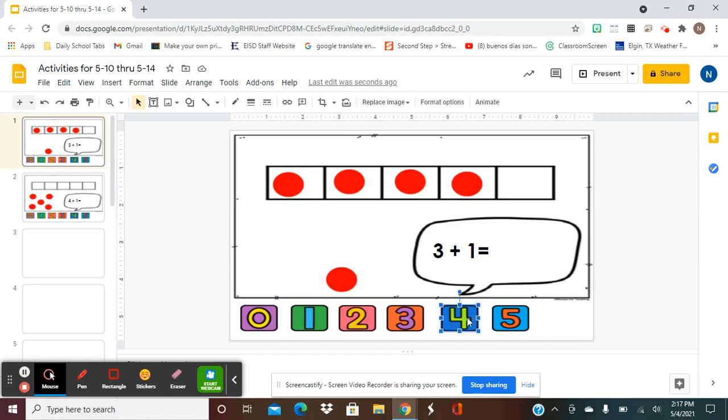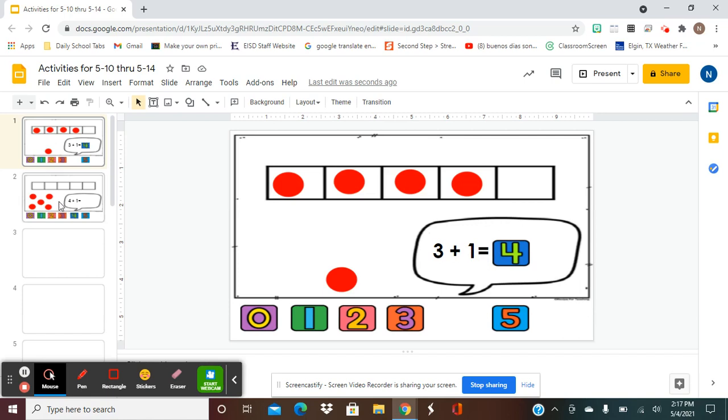And we're going to move it up here because that's our answer. And now let's read the addition sentence together. 3 plus 1 equals 4. Let's read that addition sentence one more time. 3 plus 1 equals 4.